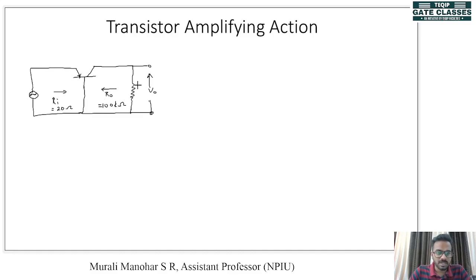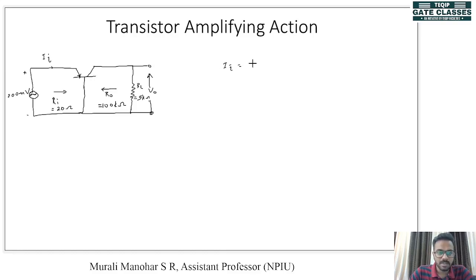And this load resistance RL, let's say it is 5 kilo ohm. Also, the input is of 200 millivolt. So this is our circuit. Okay. Now, because of this supply, a current flows into this circuit, which can be called input current II. What will be the value of II?